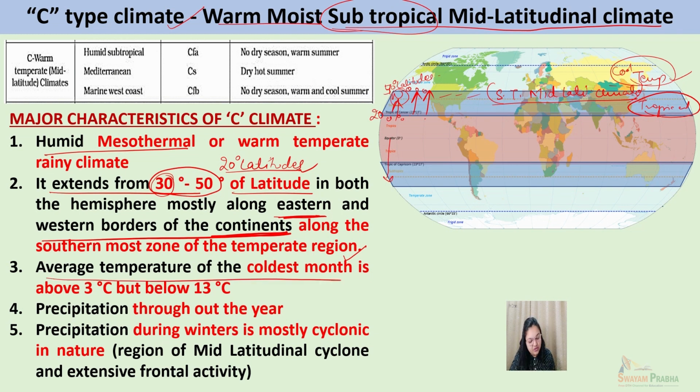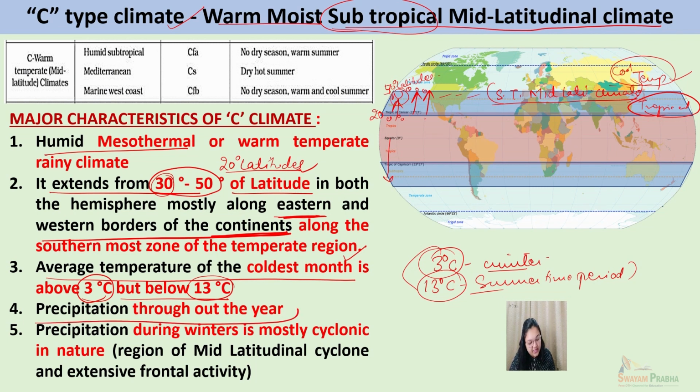The average temperature of the coldest month is above 3 degrees but below 18 degrees. So the range of temperature is between 3 degrees Celsius during the winter months and 18 degrees Celsius. So it is a very moderate kind of climate, and there is precipitation throughout the year.